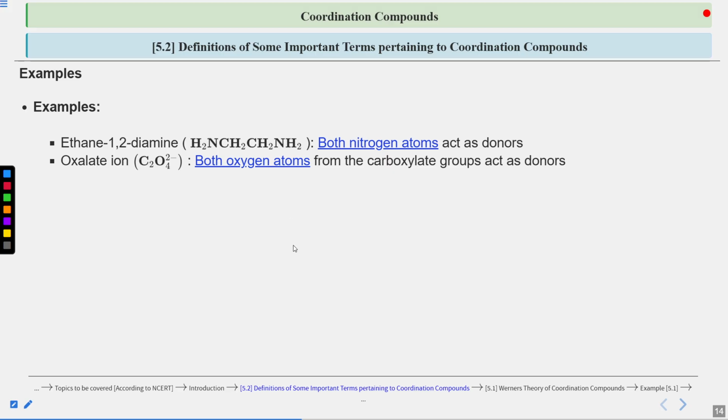So two COO negative species are bonded together with a carbon-carbon bond. The two negative signs are present on two oxygens, and those two oxygens form the carboxylate groups. Carboxylate groups act as donors, which means both can form the bond with the central atom or ion.